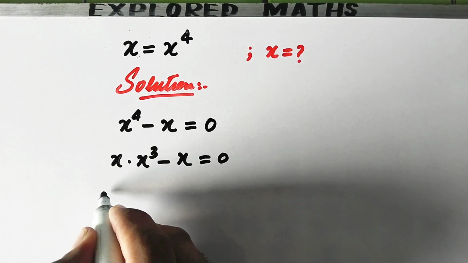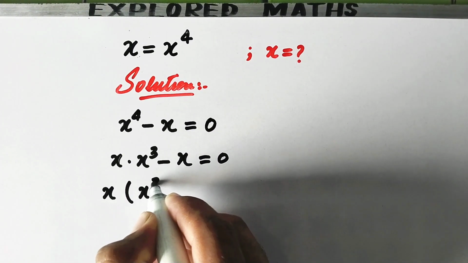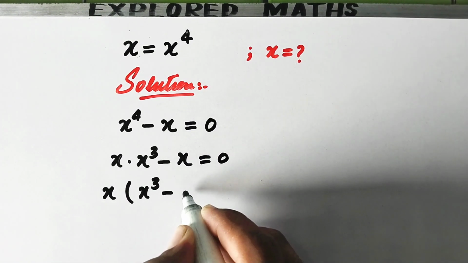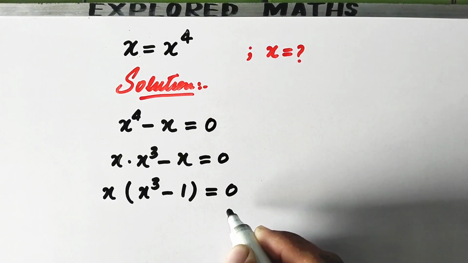Now taking x common, here left is x cube minus 1 equal to 0.